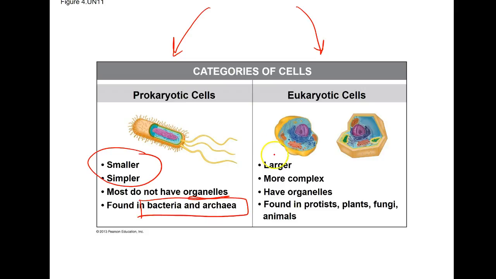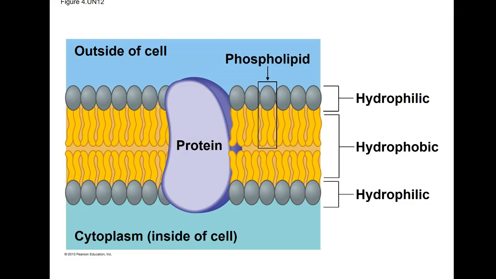Eukaryotic cells, larger, more complex, have organelles. A big main organelle is our nucleus. Found in protists, plants, fungi, animals, which is the domain Eukarya, right?